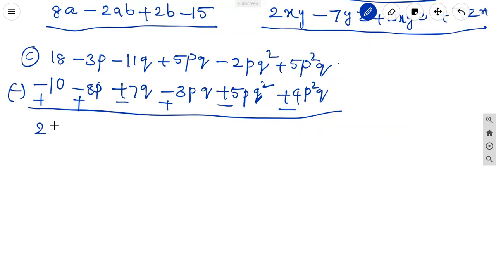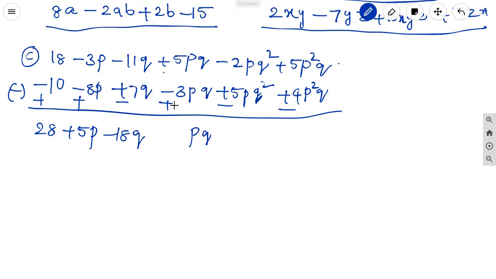18 plus 10, 28. Minus 3 plus 8, 8 is bigger number, so plus 5. Minus 11, minus 7, both are having the same signs. We can add it, put the same sign. Here plus 5, minus 18q. These two are pq terms.